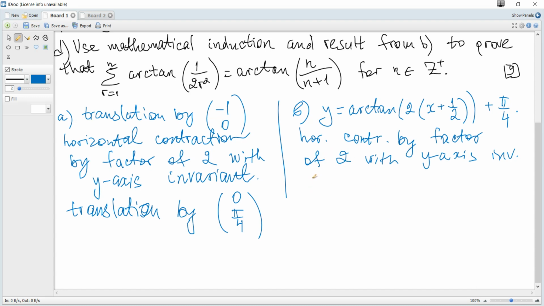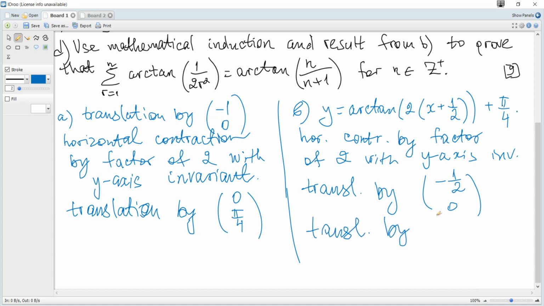and followed by a horizontal translation 1 over 2 units to the left, or just a translation by (-1/2, 0), and followed by a translation by (0, pi over 4).